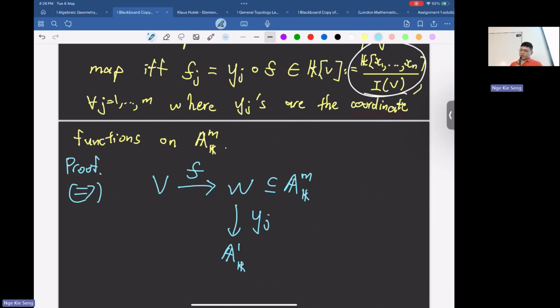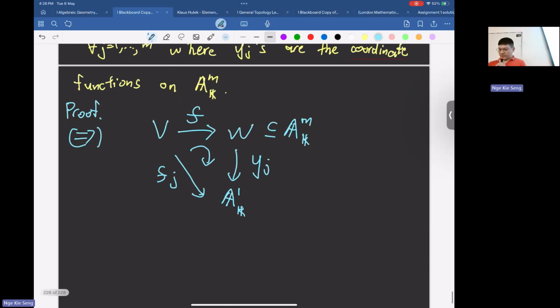What we define here as Fj is the composite. We define this composite as this Fj. Does it make sense?